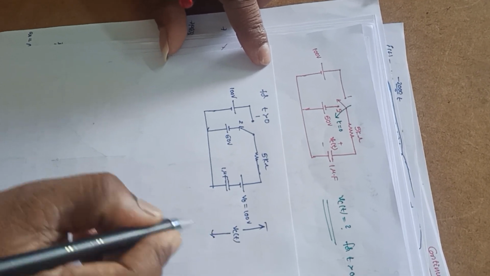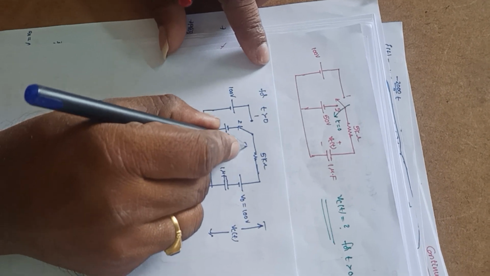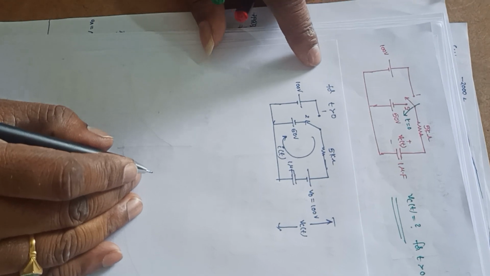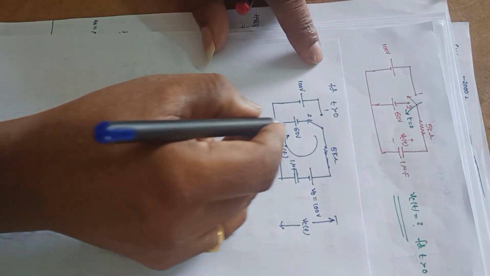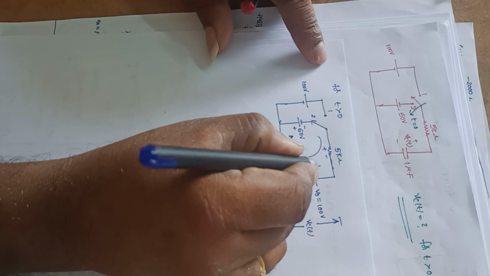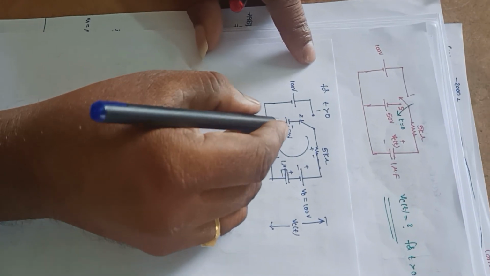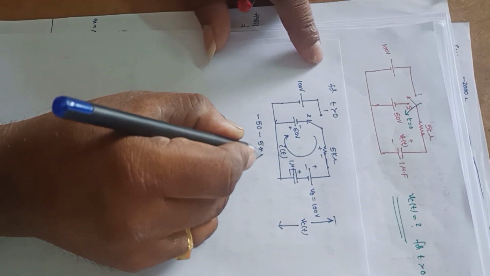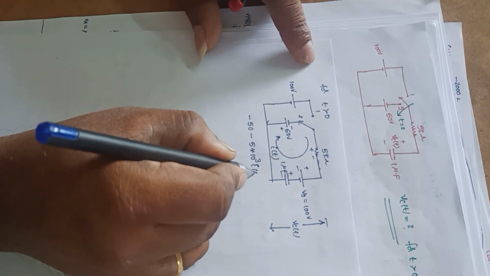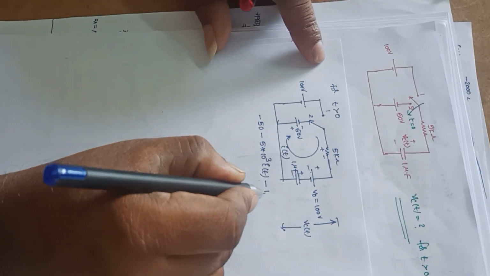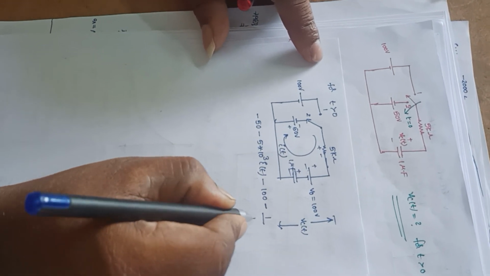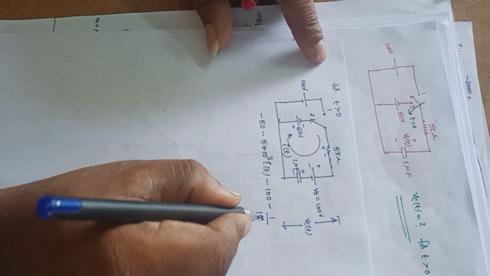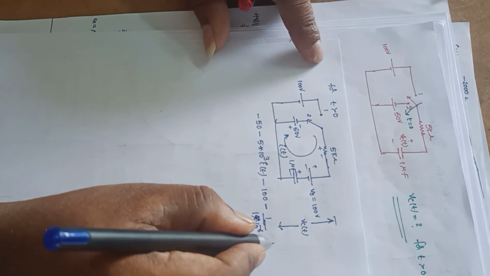This Vc of t. Okay, and the current, let us assume the current is I of t. Now let us write the KVL equation for this. Minus it is plus, plus and minus, it is plus and minus. So first if I write this: minus 50 minus 5 into 10 power 3 into I of t, minus V naught, that is 100, minus 1 by C, where C value is 1 microfarad, that is 1 into 10 power minus 6, 1 by C into integral.